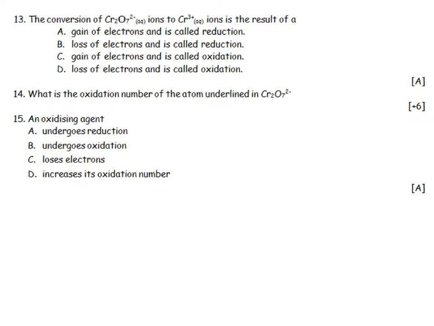The conversion of the dichromate ion to chromium 3 plus ions is a result of what? Let's take a look. You've got Cr2O7 2 minus. There are -2 for oxygen, so it becomes -14. It needs to be equal to -2. So I'm going to need +12 here, but there are 2 of them, so it becomes +6.